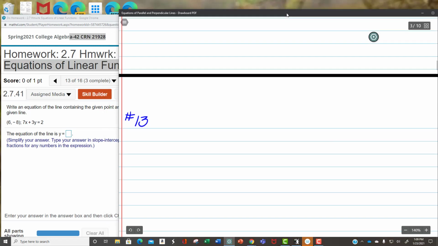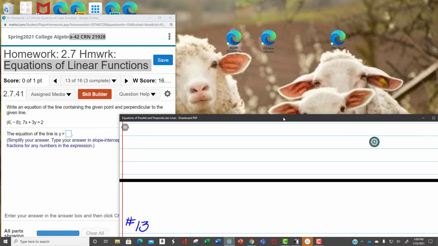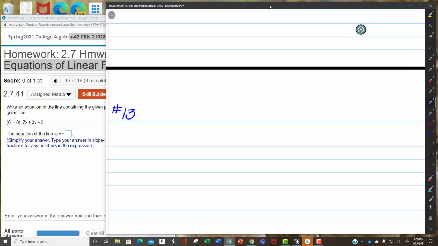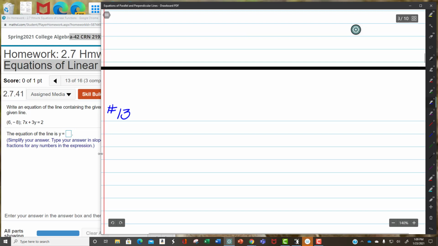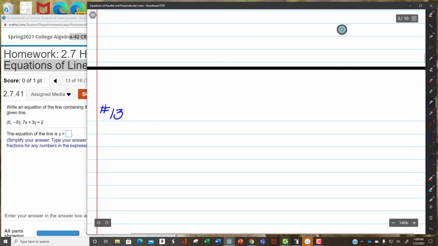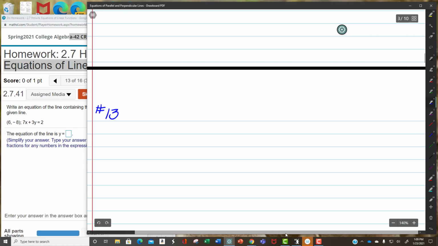Okay, this is perpendicular. Oh no! Yes. Perpendicular. Okay.